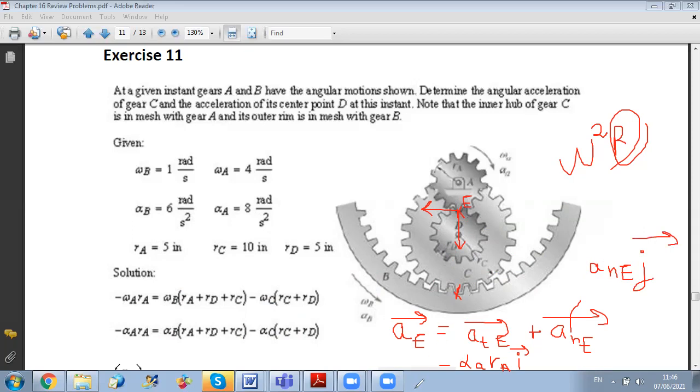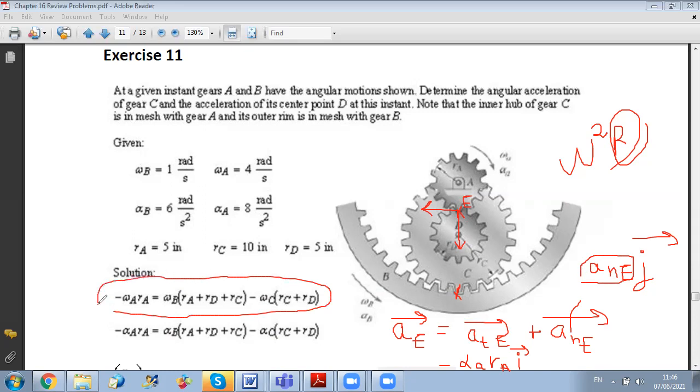You just need to know the components along I, because the tangential accelerations here are along I and the normal accelerations are along J. So even if you don't know the value of the normal acceleration, it's not a problem, because when you compare along I, you will not have any term for AN, because AN is along J. So all you have to do is write AE and AF and keep AN as an unknown.